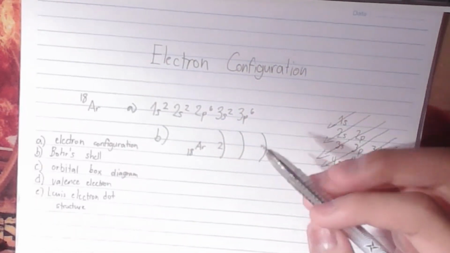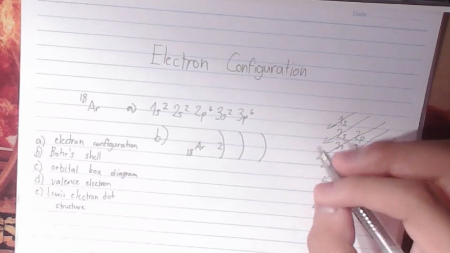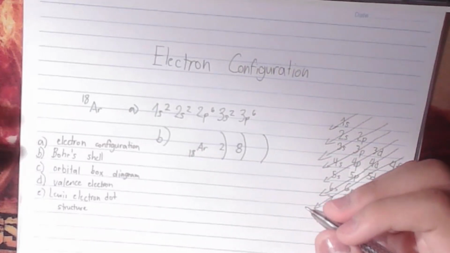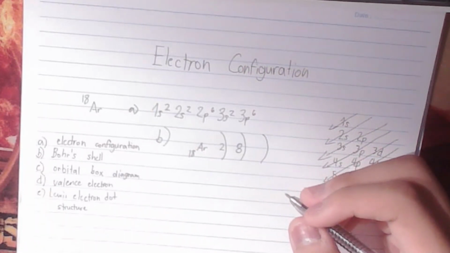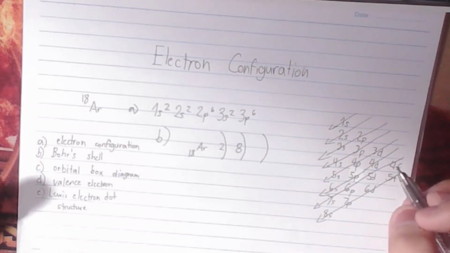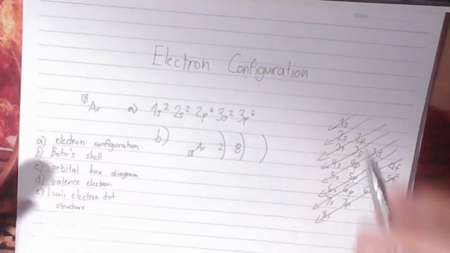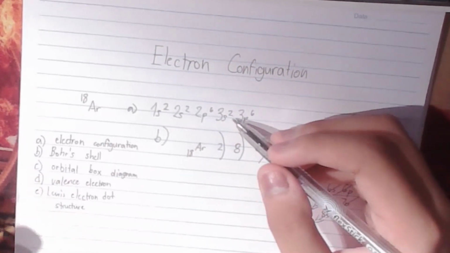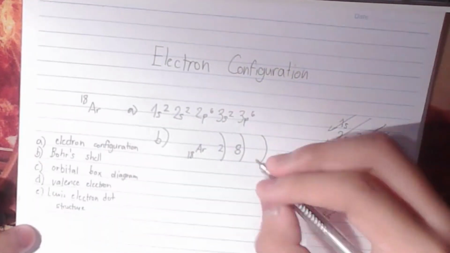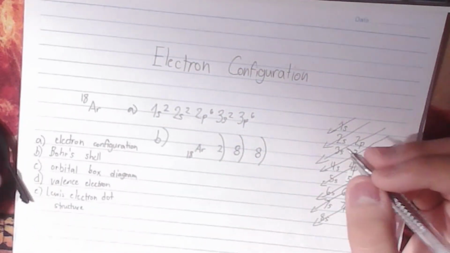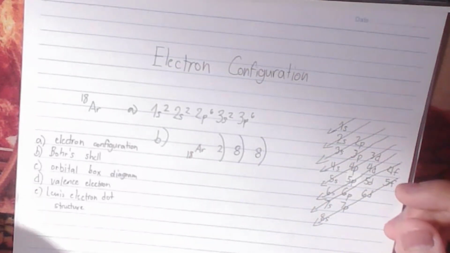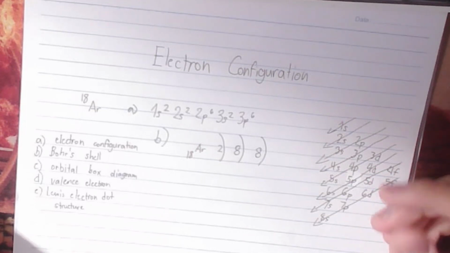Next, the maximum amount in the second shell is 8. The maximum amount in the third shell is 18, but as you can see, we did not have 3d. So we just add together 3s2 and 3p6, add together the exponents, and you get 8. That is very easy. If you're keeping track, then I'm very happy for that.